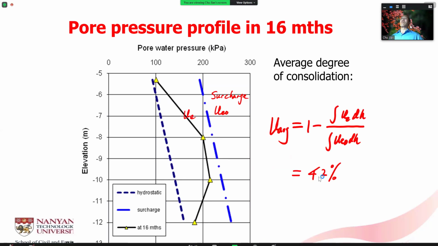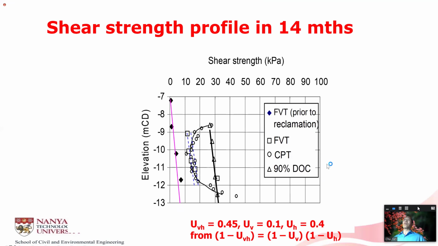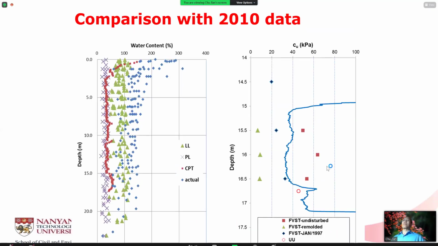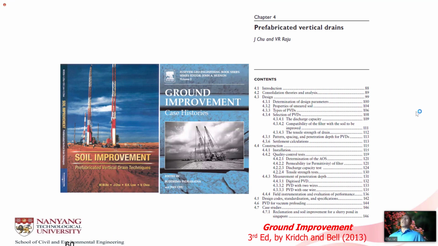So this agrees very well with this 42% pore pressure estimation. Some of the further data and the further experience were actually summarized in some of the publications showing over here, and also in one of the book chapters in the ground improvement book by Chu and Bergado.